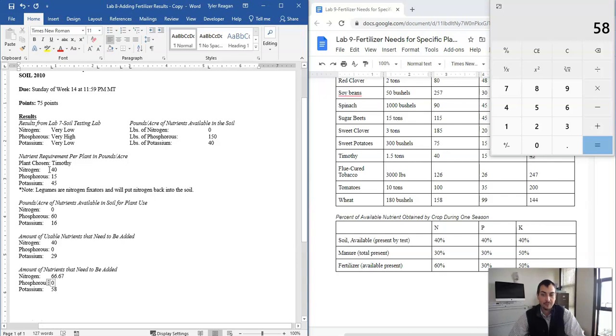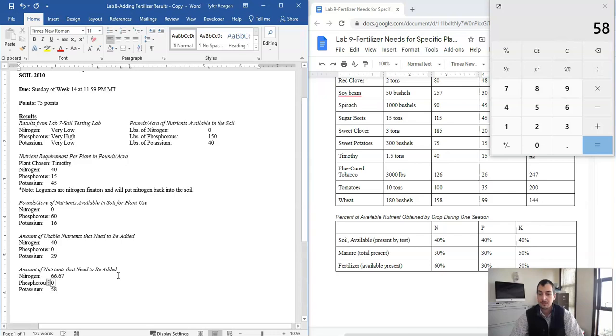Then we're going to compare that to the amount that the plant needs to use. We're going to compare that to the amount that's available in the soil for plant use. And then we're going to figure out how much we need to add of usable nutrients from the fertilizer. And we're going to calculate that right there. Then we're going to go ahead and calculate exactly how many pounds we need to add of nitrogen, phosphorus, and potassium.